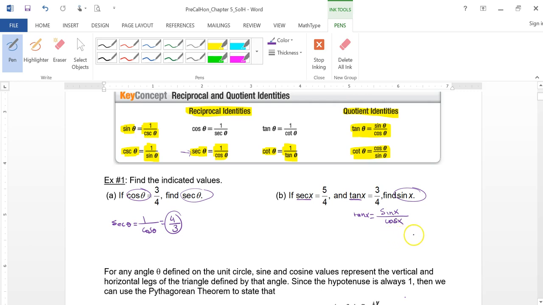Do I have cosine? I have the secant. So cosine of x is the reciprocal, 4 over 5. And now, just simplifying here, if you multiply both sides by cosine, cosine of x times tangent of x equals sine of x. So sine of x is cosine, which is 4 over 5, times tangent, 3 over 4, which is 3 over 5.